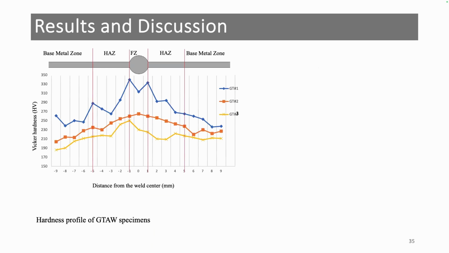Also, we performed this profile hardness measurement, and as expected, at the lower heat input, we will get higher hardness. However, if we increase the heat input, then the hardness will be decreased.